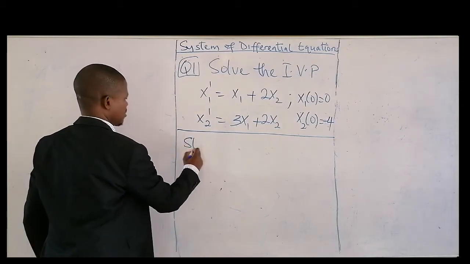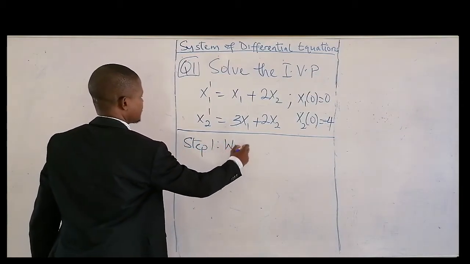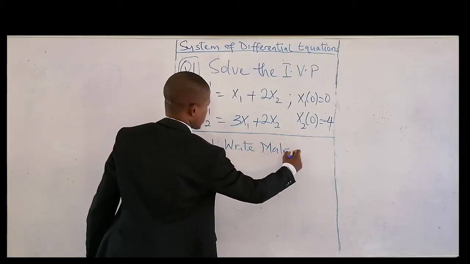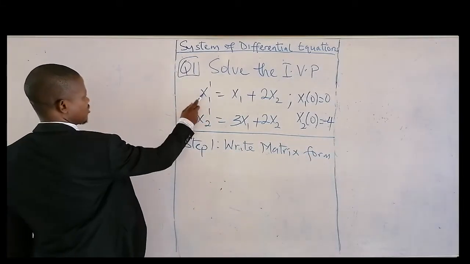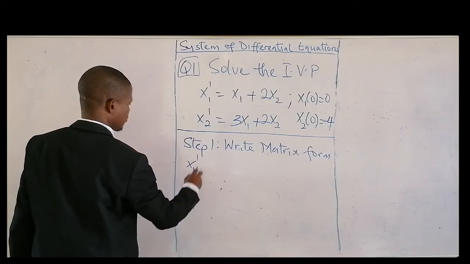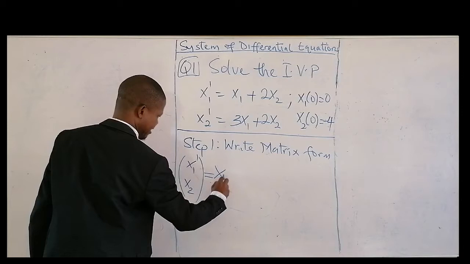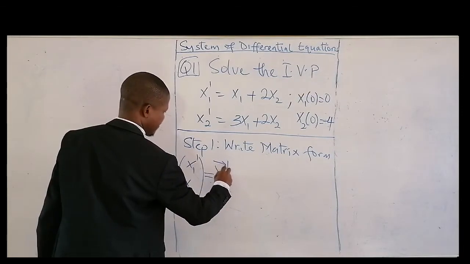Step 1, write in matrix form. The column x1 prime, x2 prime can be written as x prime, and it's a vector, don't forget it's a vector.